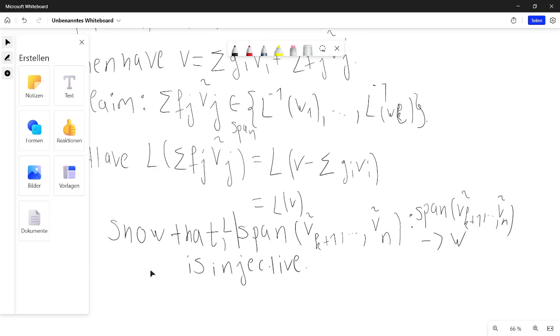And for that we have only to show, by the criterion for injectivity, right?